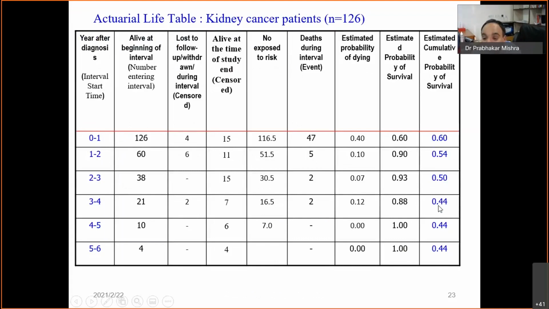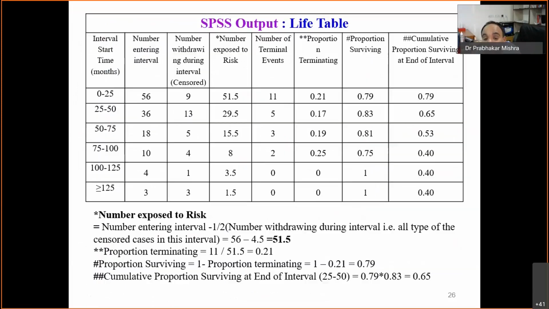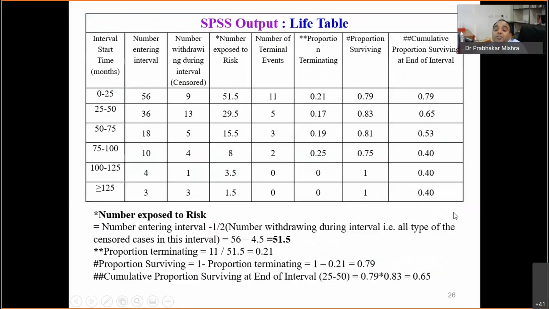Next example: I have presented data with 56 patients. For each patient, the follow-up and the event of interest, death or censored, are given. When we use SPSS, this is the exact SPSS output.